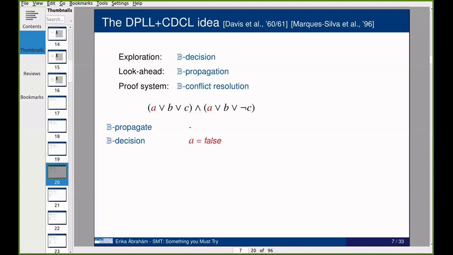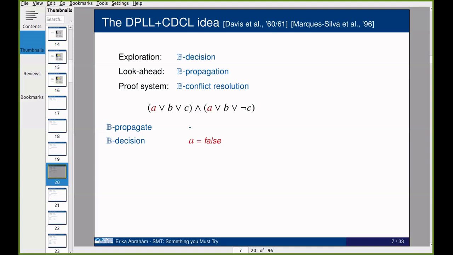And before we try the next guess, we check, can I imply something from this knowledge? And this lightweight look ahead just consists of looking at all clauses, because each of the clauses needs to be true in order to satisfy the conjunction.